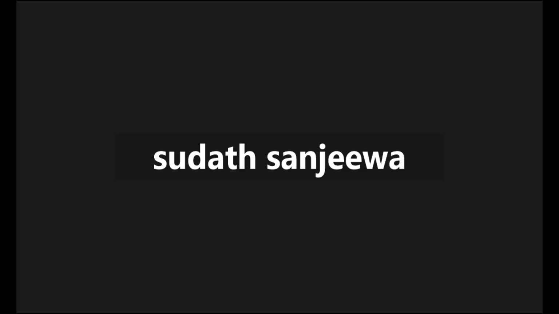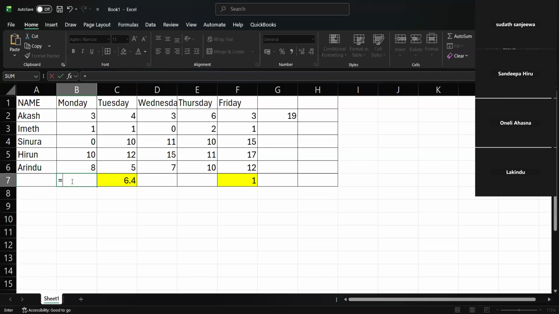Let's see. Here equal max, range is B2 colon B6. What should be the answer? The answer should be 10. Here you can get 10 as the answer.